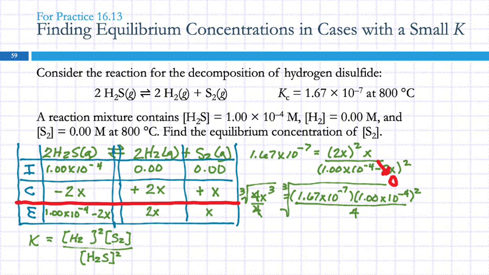You'll come up with a good answer either way. So I've got the cube root of 1.67 times 10 to the minus 7 times 1 times 10 to the minus 4 divided by 4.